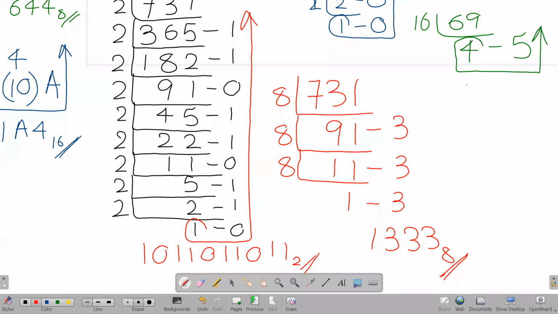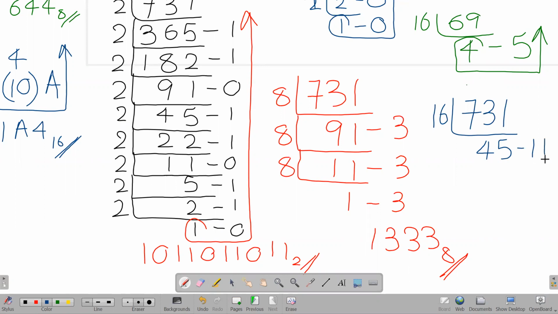Right, and 731 in hexadecimal. There are 4 times of 16, which is 64, and I'm sorry, it's not 15, it's 9 is remaining. For 91, there are 5 times of 16, which is 80, and 11 is remaining.